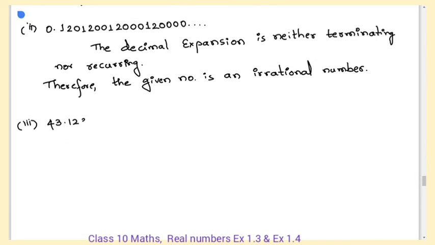Now third one, 43.123456789 bar, which means these numbers are repeating.